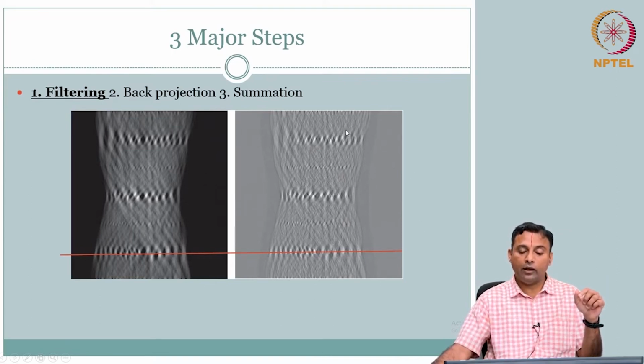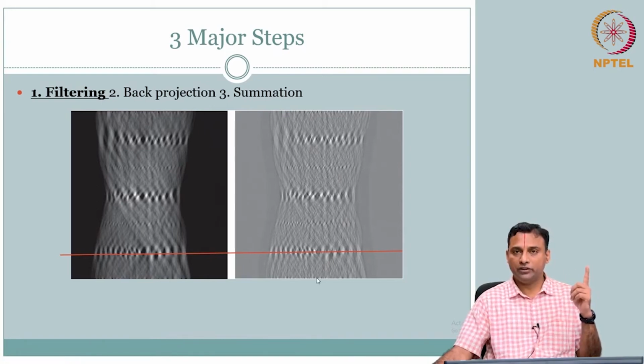Notice that it appears to have poor contrast compared to the sinogram on the left. But this is not of our interest. This is not an image of interest for us. We don't want the blurring in the final image. So we are not really interested in making the sinogram look good. So this is a filtered version.